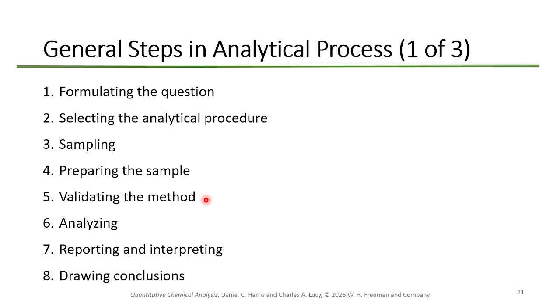You'll notice that a lot of you that are doing analytical type research with me, this is what we're going to spend a lot of time on this next semester, because none of these projects will have validated methods. So if you're doing research with me, most of these are going to need to be validated. Number 6 is analyzing the results. Number 7 is reporting and interpreting.